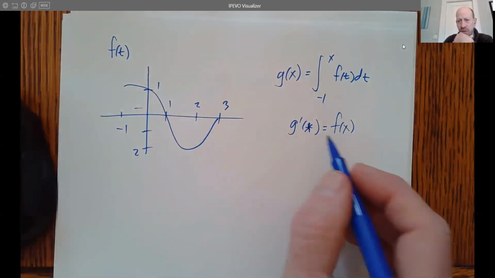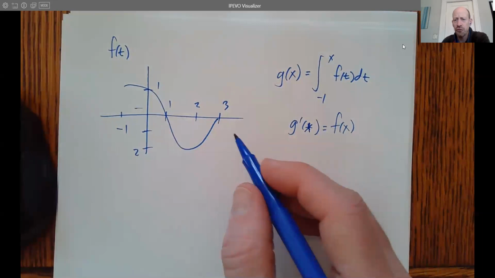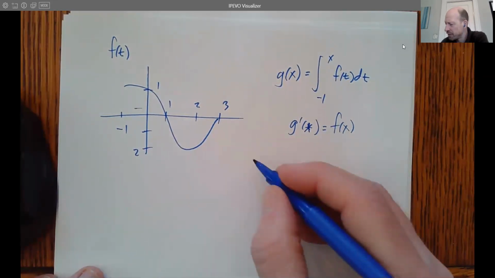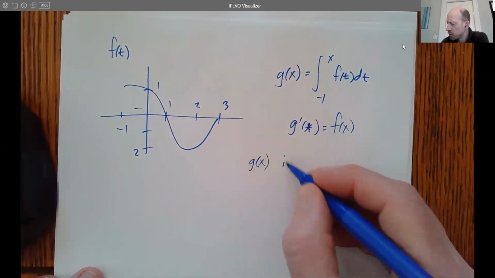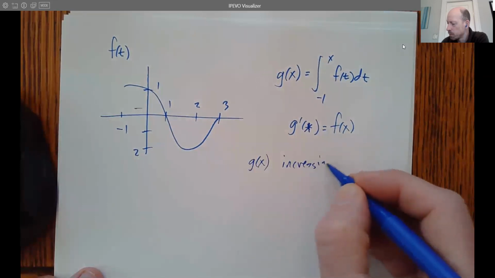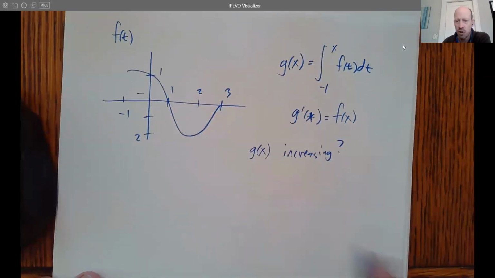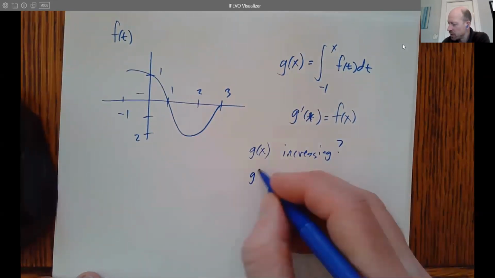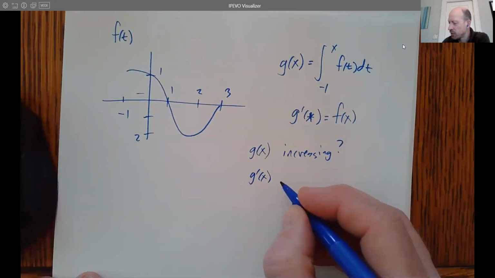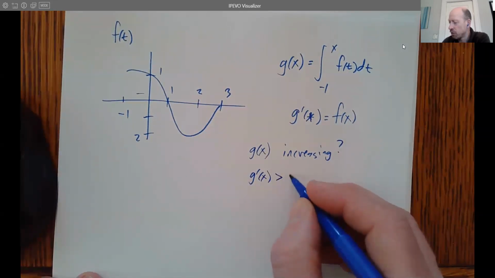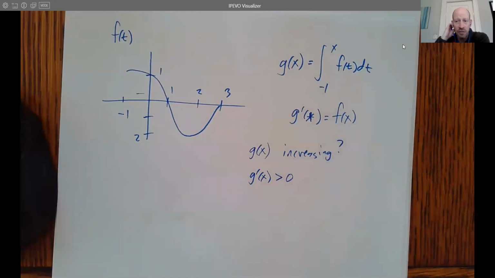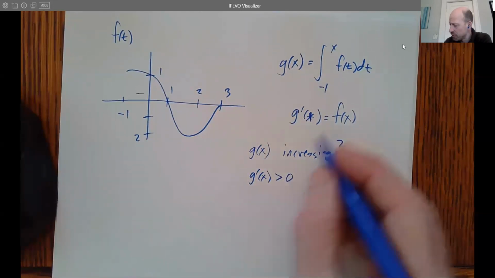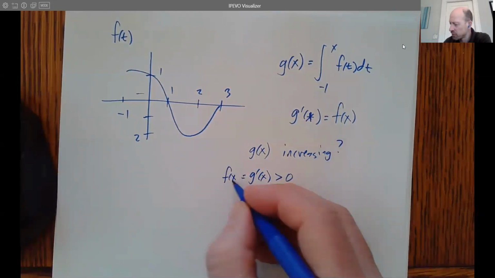So for instance, if I want to know where g of x is increasing, well, then we know it's increasing when g prime of x is bigger than 0. When the derivative is positive, the function is increasing. But of course, the derivative is exactly f of x.